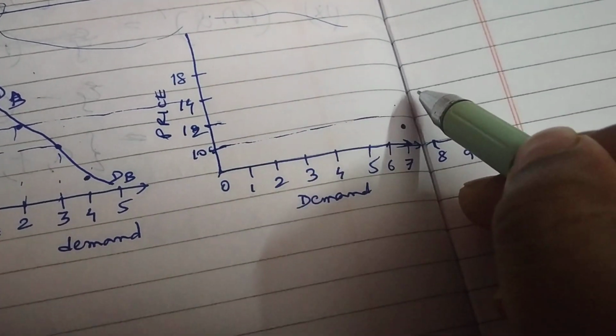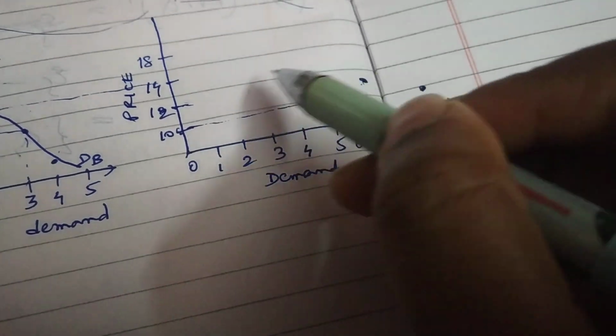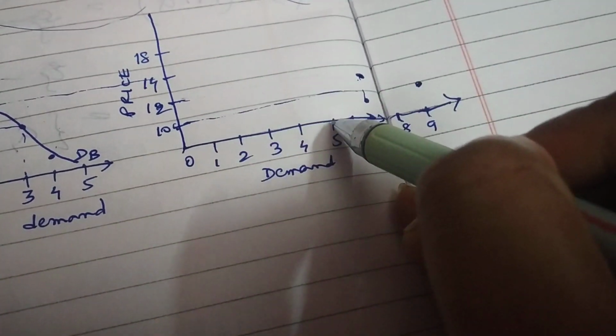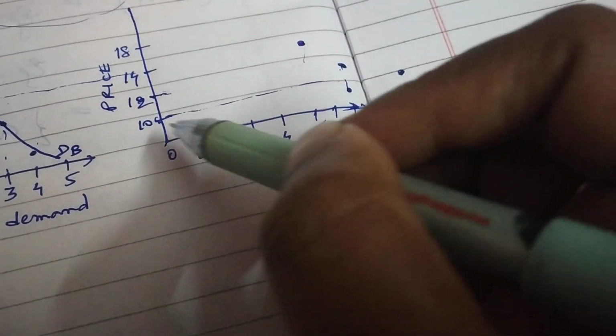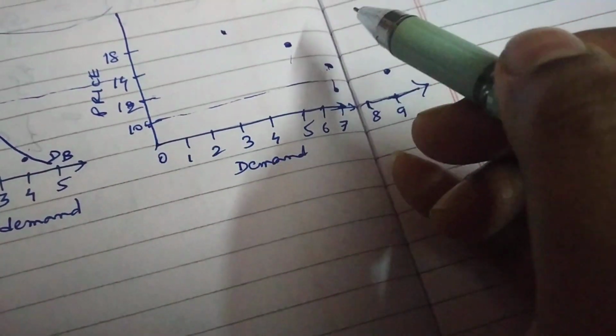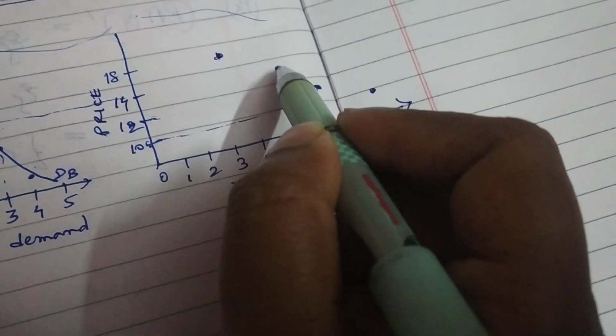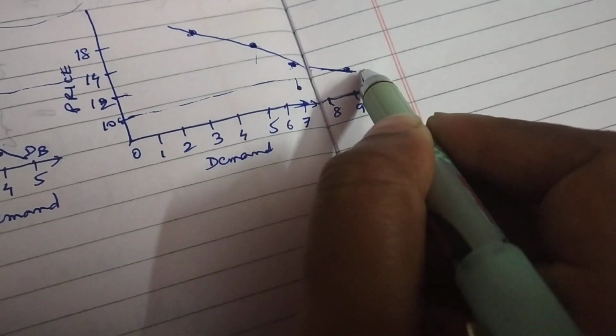At rupees 12, I get 7. At rupees 14, I get 5. And at rupees 18, I get 3. So children, see, I get 4 points, 1, 2, 3, 4. And if I again join them, what do I get?